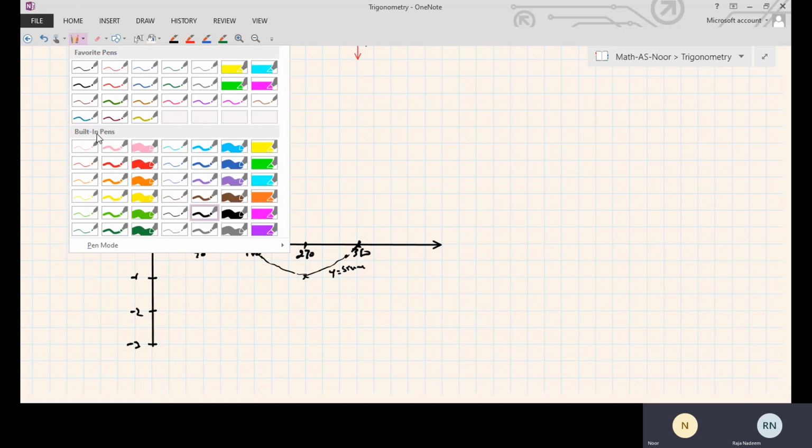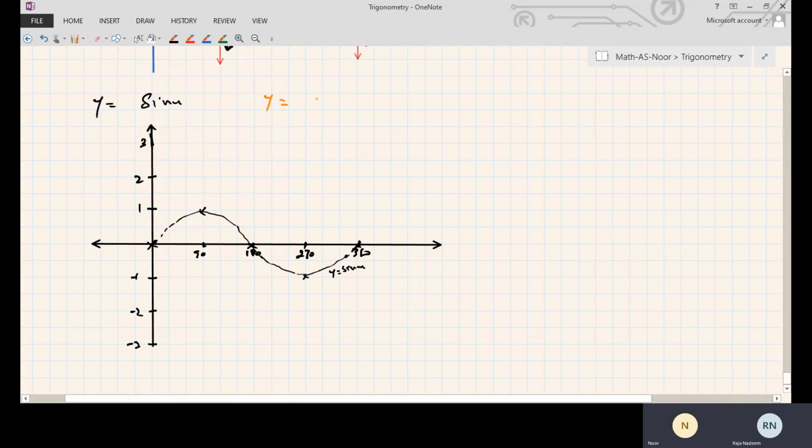If I ask you to sketch the graph of y equals 2 sine of x, what kind of transformation is this? It is a stretch, parallel to the y-axis.